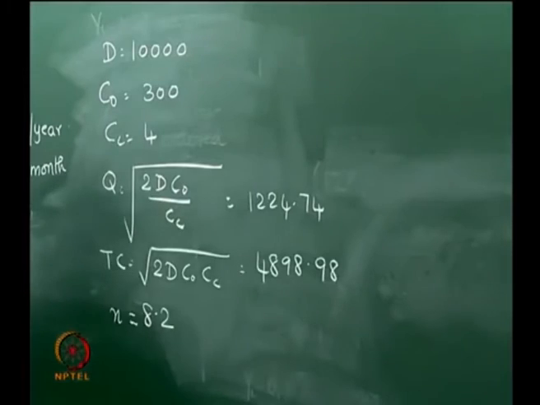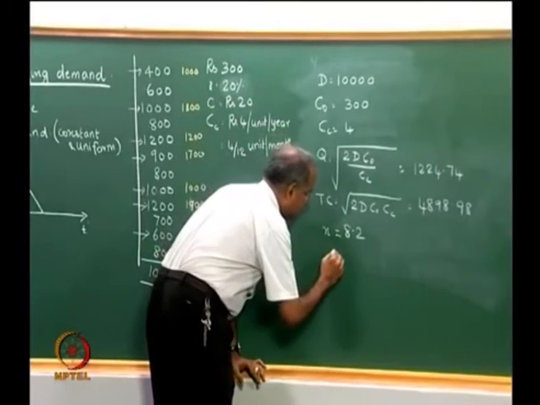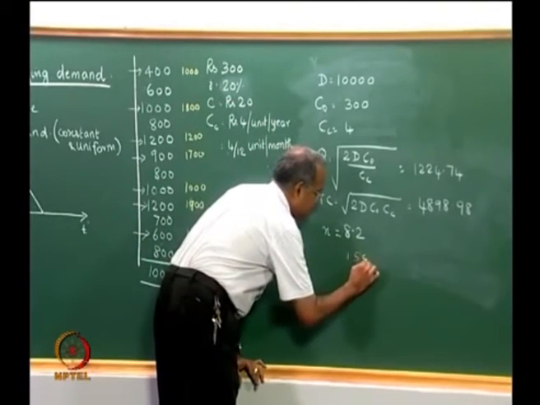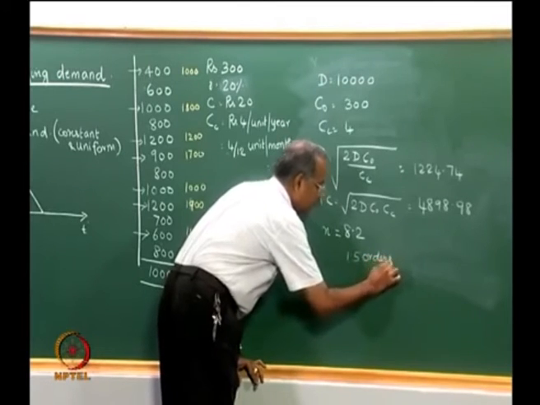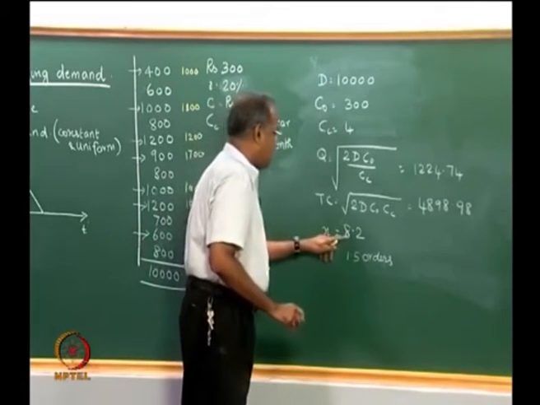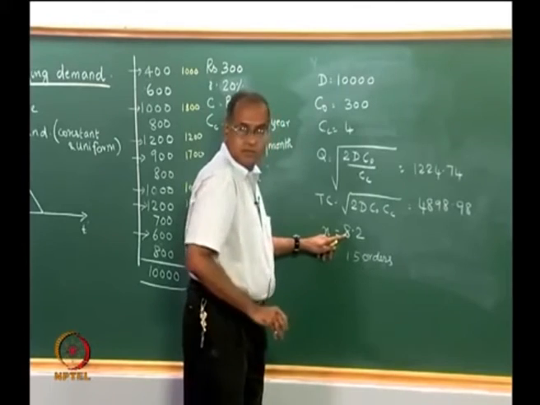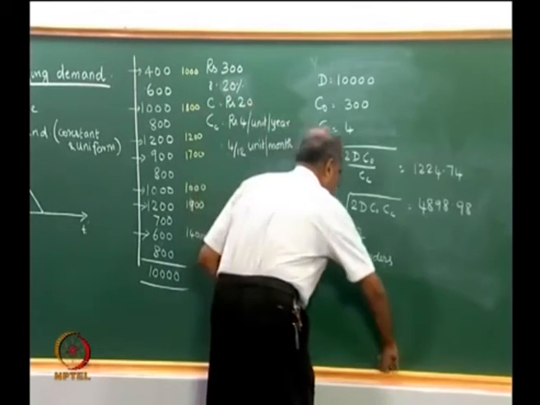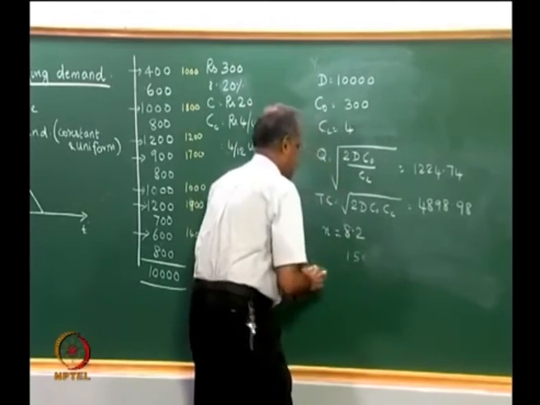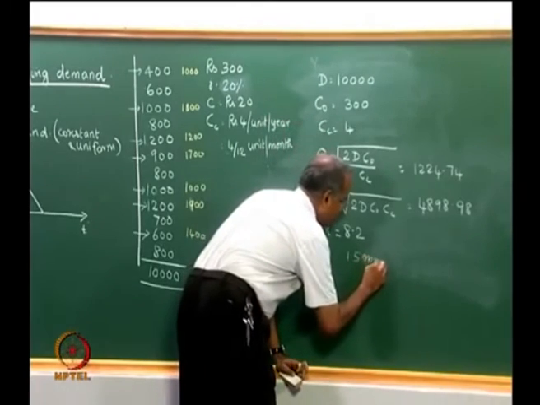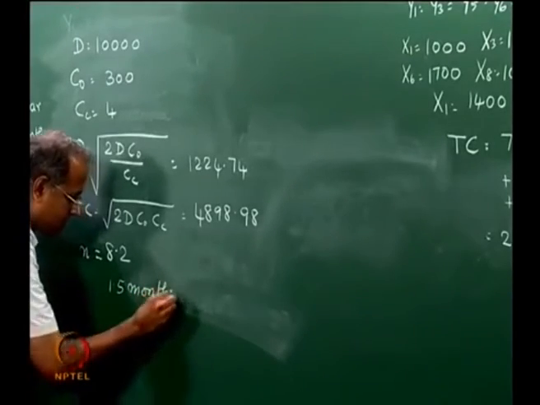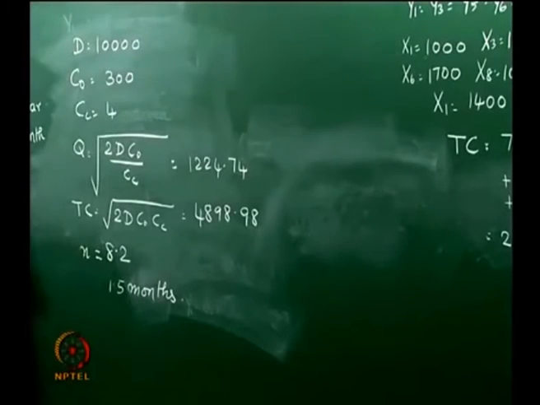Let us approximate it to about 1.5 orders per month. 8.2 orders over 12 months, then we have an order every 1.5 months.